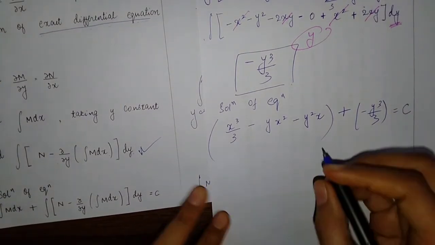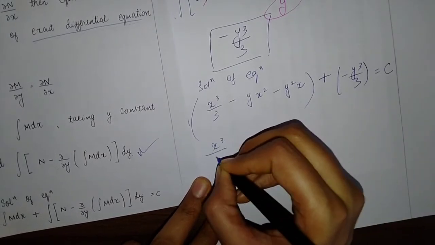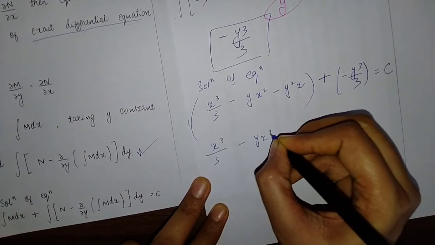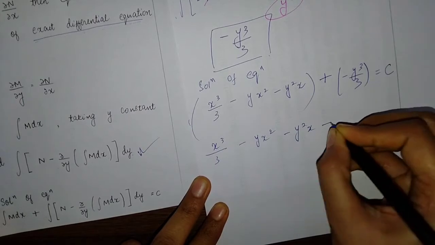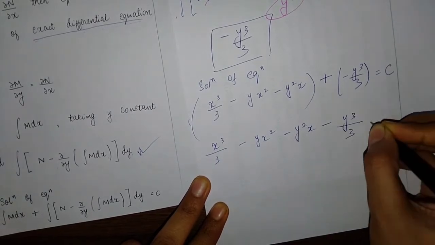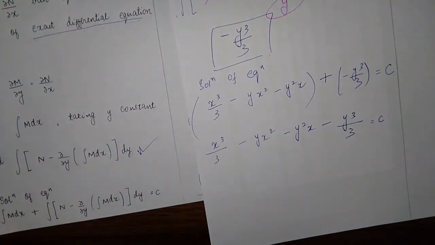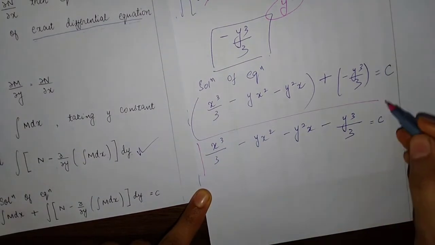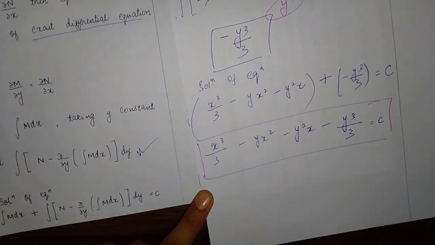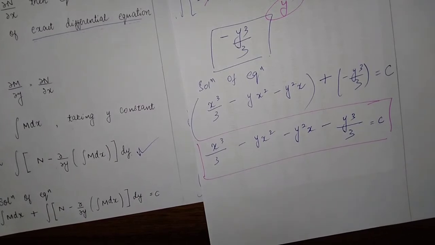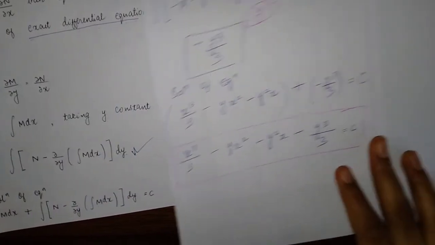So your final answer will be x cube by 3 minus yx square minus y square x minus y cube by 3 equal to c. So this is the final answer of this given exact differential equation. Okay. So now we will see example number 2.